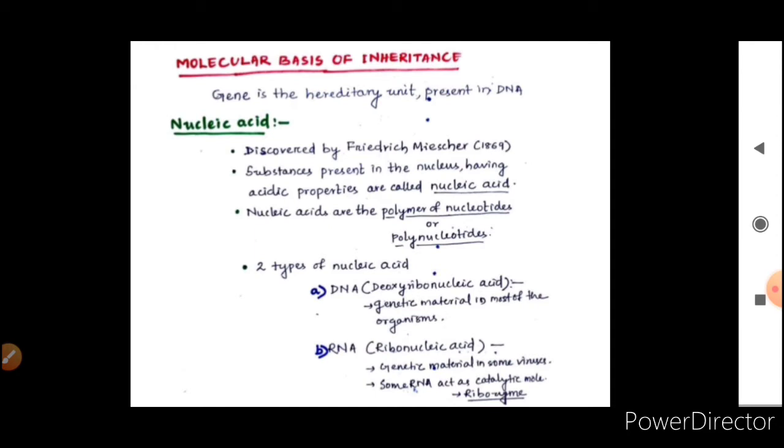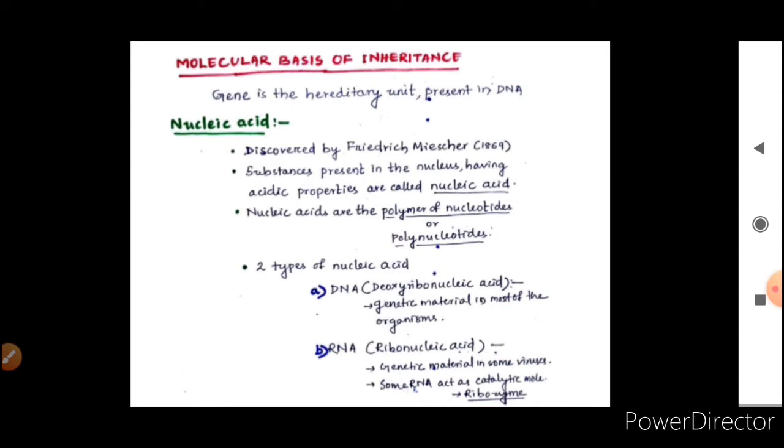Bacteriophage lambda has 48502 base pairs. E. coli has 4.6 x 10^6 base pairs, and the haploid content of DNA, the half content in the human DNA, has 3.3 x 10^9 base pairs.